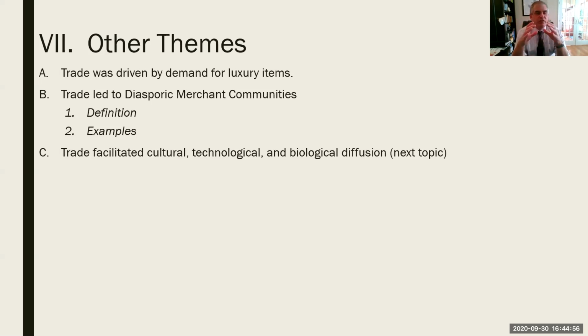And then our last thing is that trade facilitated cultural, technological, and biological diffusion. These trade networks don't just transport goods, they also transport ideas, technologies, viruses, and cultural practices such as food preparation, music, musical instruments, games. All of these things spread. One such example, and I'll end with this, is playing cards.